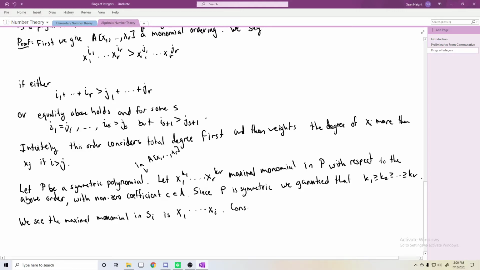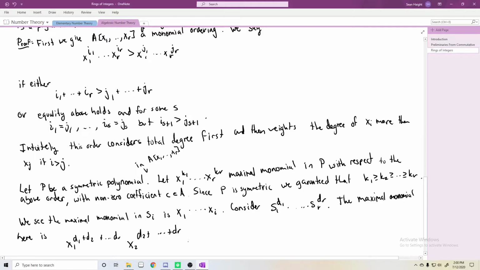So consider s1 to the d1 through sr to the dr. The maximal monomial here is going to be x1 to the d1 plus d2 plus dr, x2 to the d2 plus dr, and so on. Okay, product times xr to the dr.